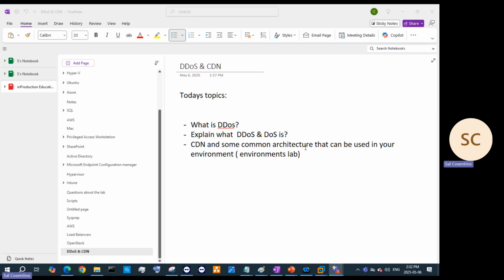So understand that, and then some common architectures we're going to be talking about. There's also some stuff about the various components of cloud and security architecture.